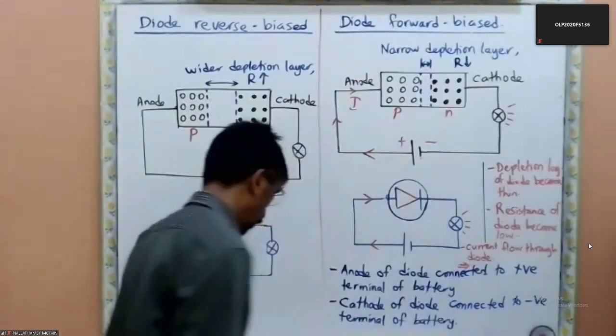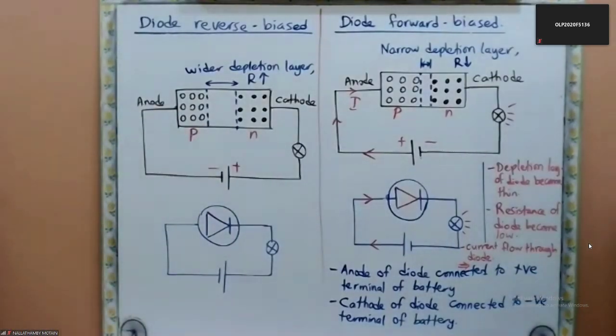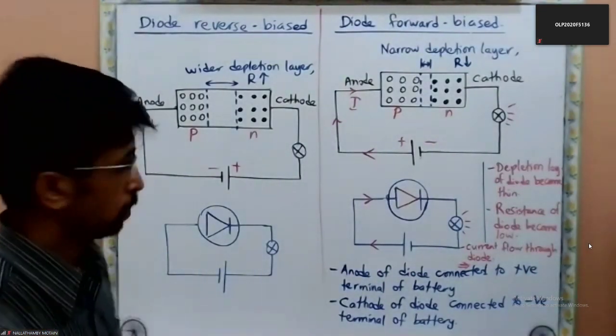Diode is forward biased. Okay, diode is forward biased. Finish.